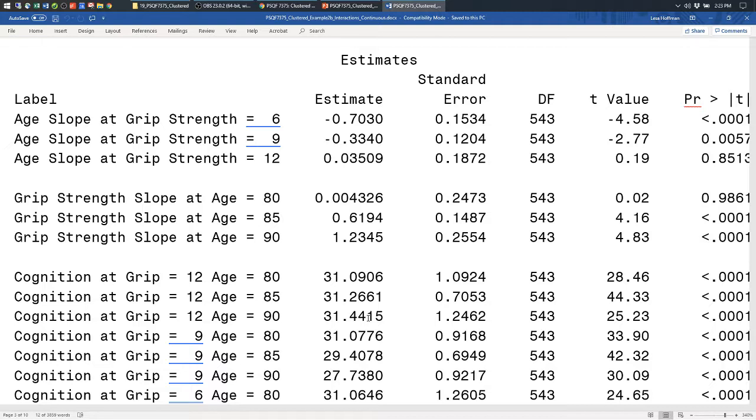And as we would expect, it is less negative in stronger people, which also means it is more negative in weaker people. Going the other way, with age as the moderator and grip strength as the slope we care about, the middle one is what the model gives us as the main effect of grip. The main effect of grip becomes more positive, stronger in older people, and less positive, weaker in younger people.